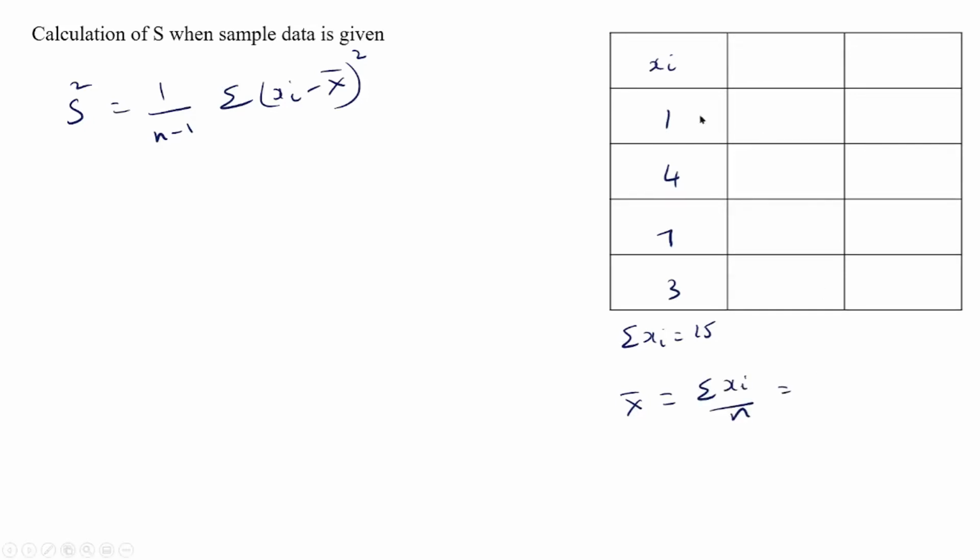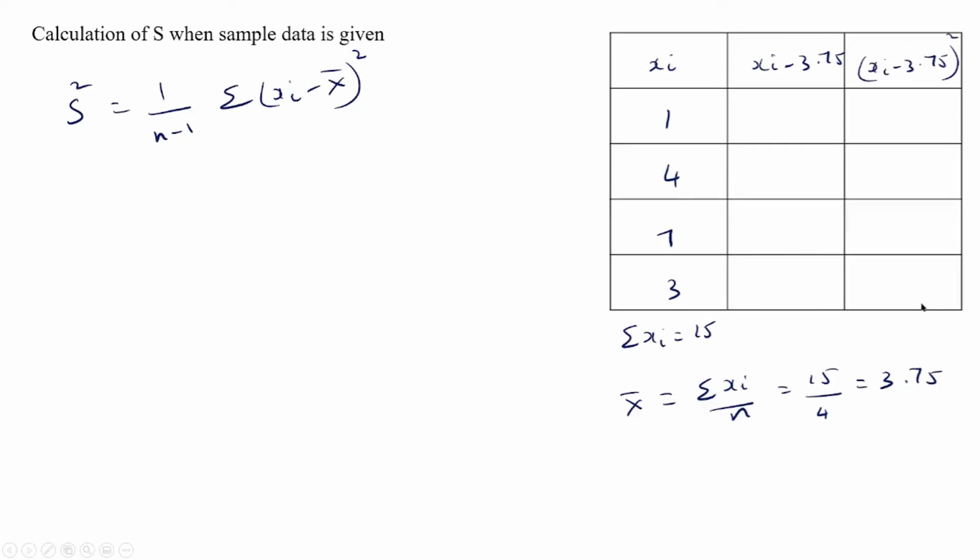We have 4 observations, so n is 4, and x bar is 15 by 4, which is 3.75. To calculate S square using this formula, we have to do xi minus 3.75, so we will have fraction values and xi minus 3.75 the whole square. Again we will have huge calculations.